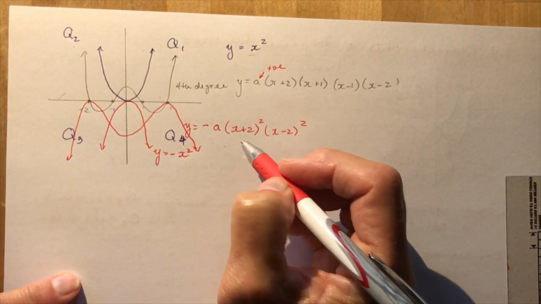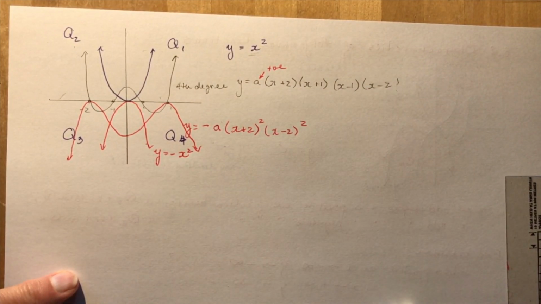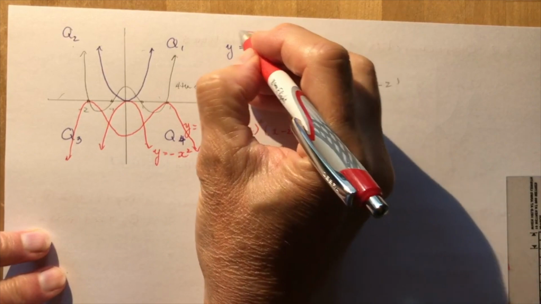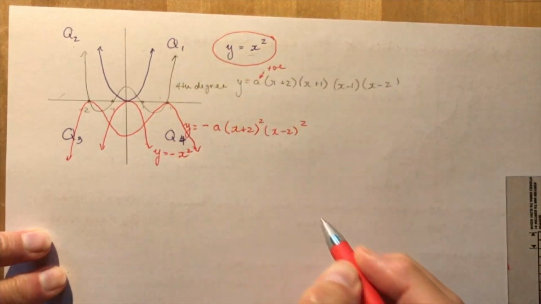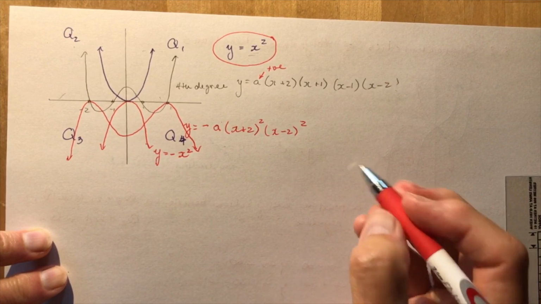So the point here is not so much that you know how to set these up yet, because we'll discuss that more, but rather that you understand how the graph is going to look and what the end behaviors will be. So all you need to know for the even degree functions is you think of this function here, y equals x squared, and whether it's positive or negative.